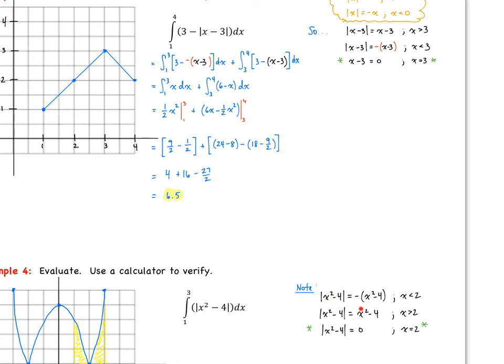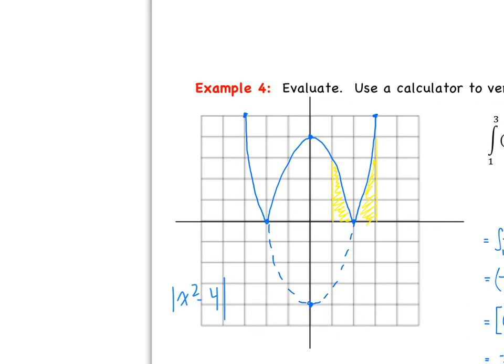Now, before we go ahead and integrate this, let's just look at the graph itself. If we were to just graph the absolute value of x squared minus 4, forget that. If we were going to just graph x squared minus 4, right, what would that look like? Well, it would be this parabola with the vertex at 0, -4, and we would continue on here, right?